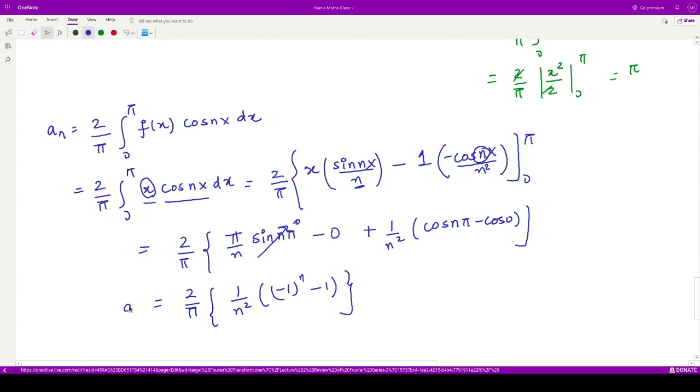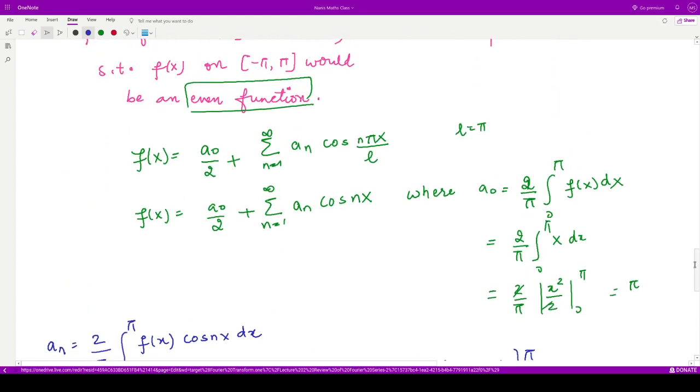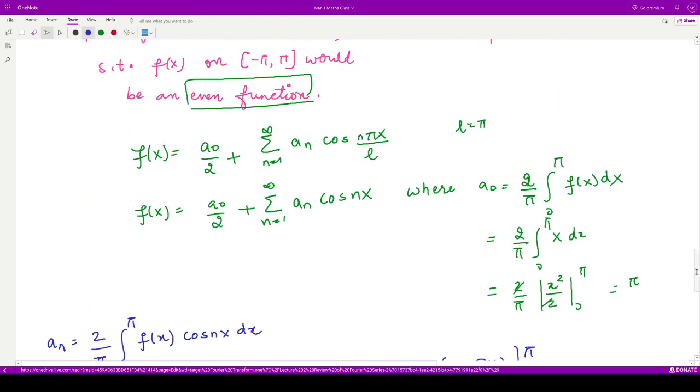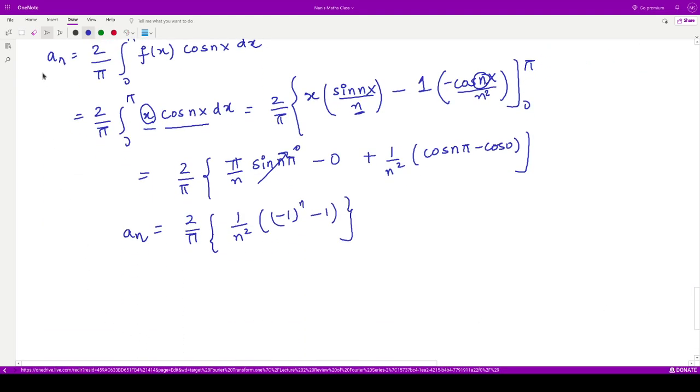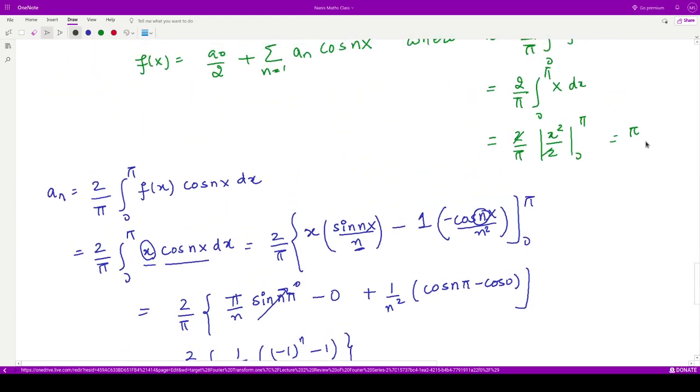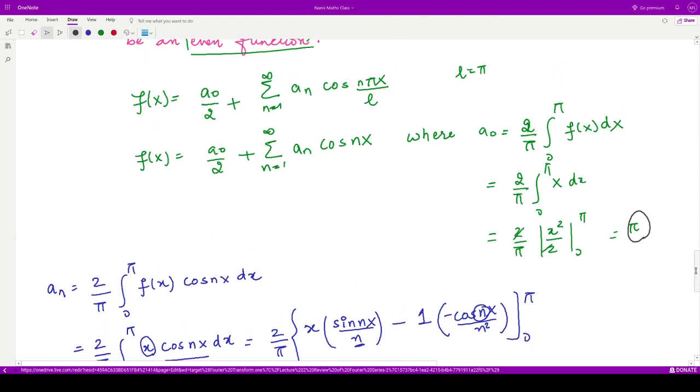So this is our a n. We can substitute this value of a n into our Fourier series. So f of x would be a naught by 2. A naught was pi, we just calculated this.